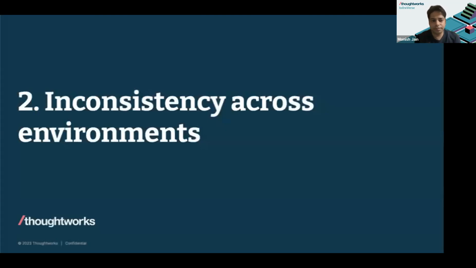So another one is inconsistency across environments. As I mentioned earlier, this could be something that could result from duplication of code. And there is even a possibility where we are not duplicating the entire code, but some code we are duplicating for environments because there are some mismatches, and then some code is common across environments.